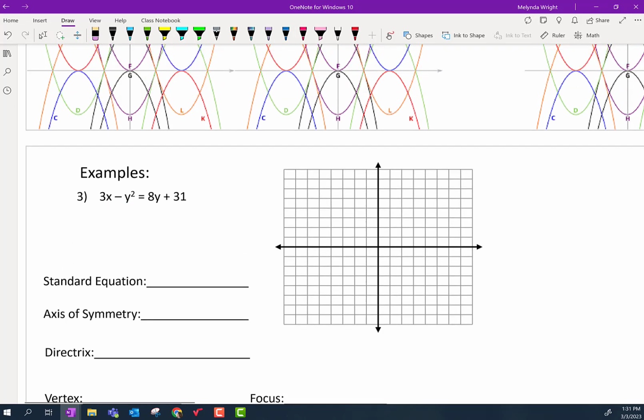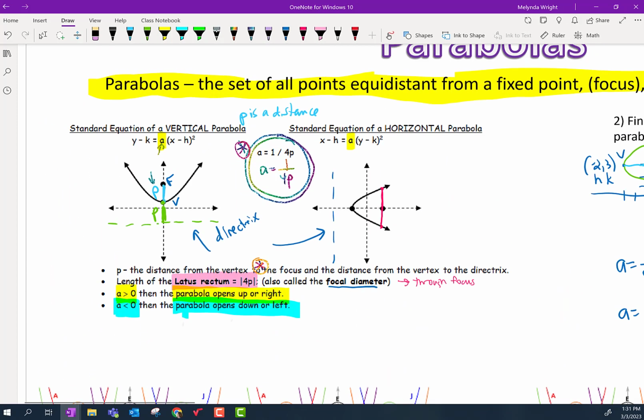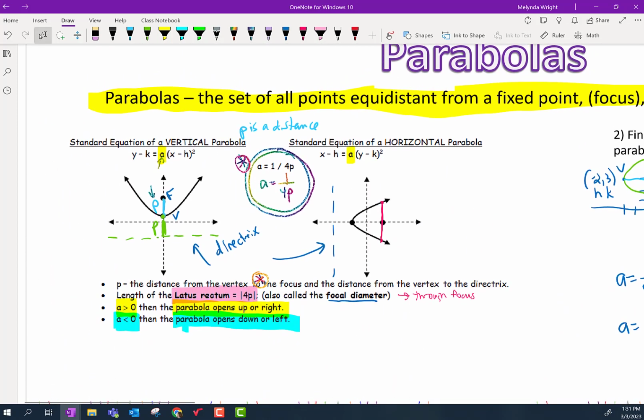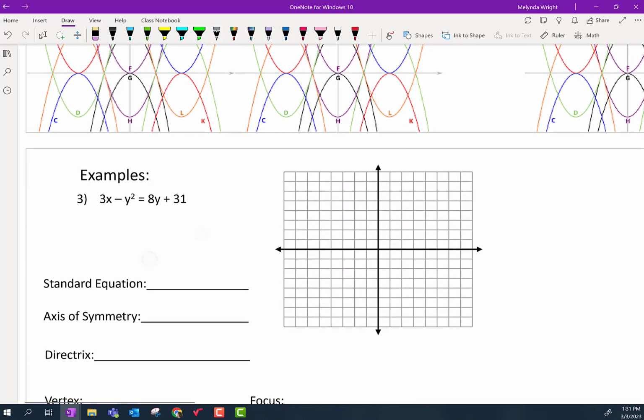So let's go up here and see which one of those formulas has an x to the first power and a y to the second power. Okay, that's this one, right? X to the first power, y to the second power. We need to copy that formula down. That's what our answer should look like before we go forward. So it should be x minus h equals a times y minus k squared. That's what I'm going for. That's going to be very helpful so that I can read information off of it.